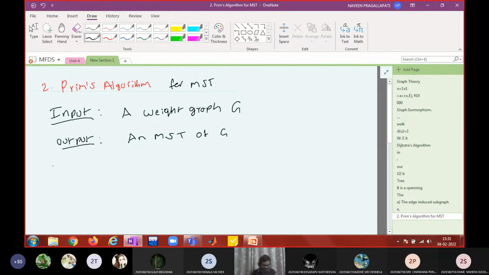Okay. Step 1. Sir, is it just a weighted graph, or here also it is a weighted connected graph, sir? Weighted graph only. Here also weighted graph. So I'm writing the algorithm for a weighted graph only. Previously also we removed the restriction of connectedness, no? You remember?